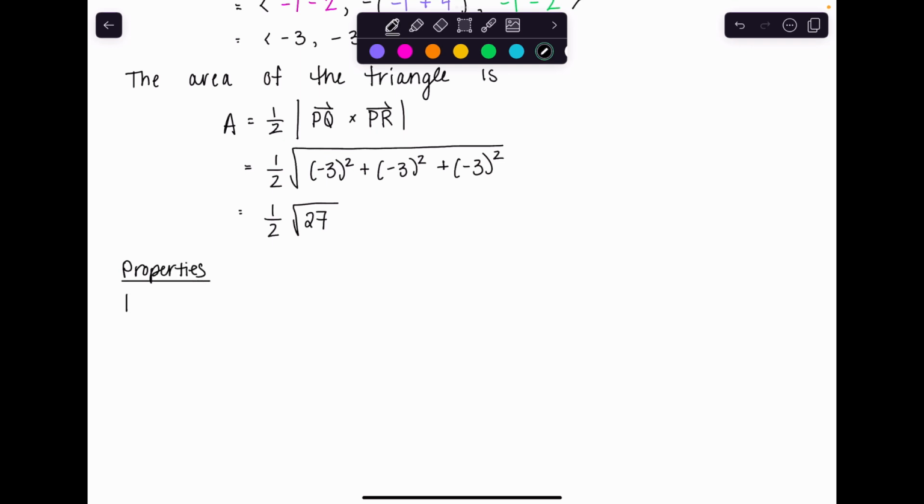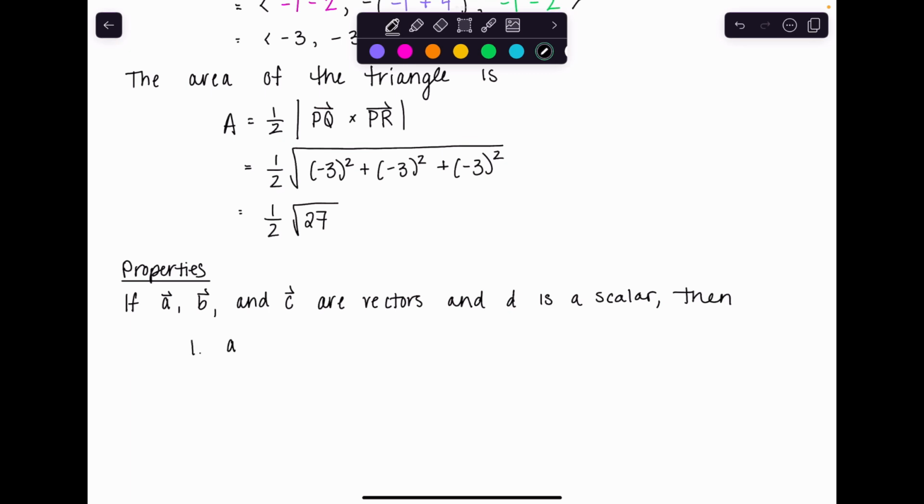So we're going to let A, B, and C be vectors, and D is a scalar. Then the following are going to hold.